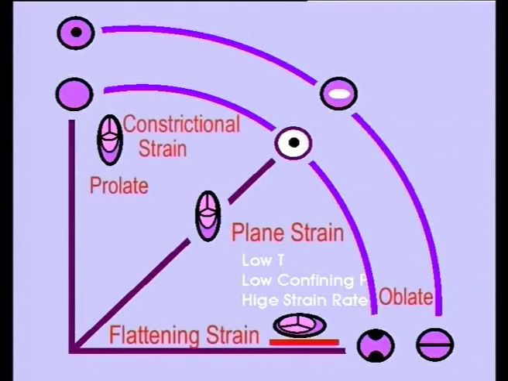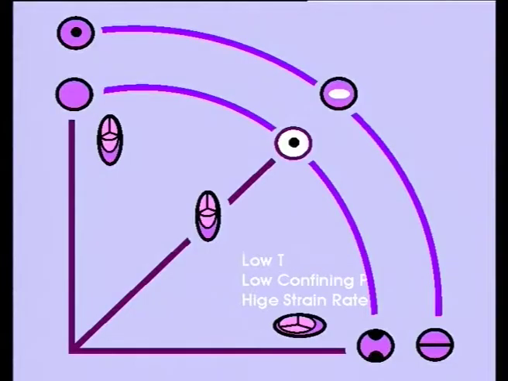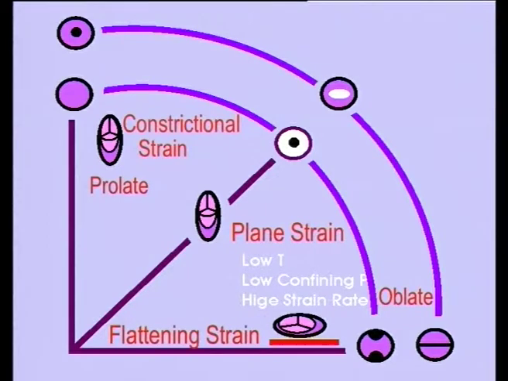In the flattening type, where there is extension along lambda 1 and lambda 2, if there is identical extension along lambda 1 and lambda 2 and shortening along lambda 3, then the cross section of the ellipsoid perpendicular to lambda 3 will be circular and its diameter greater than 1. This type of deformation is known as uniaxial flattening. The ellipsoid is called an oblate ellipsoid and generally called the pancake type of strain ellipsoid.